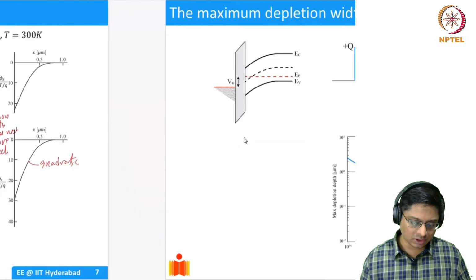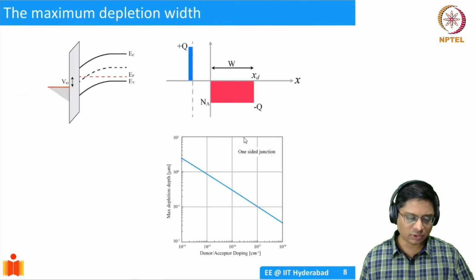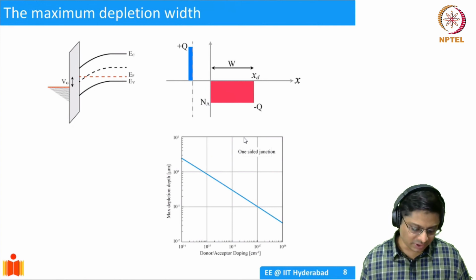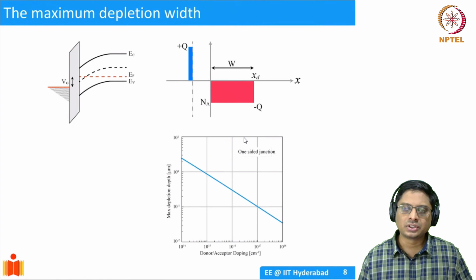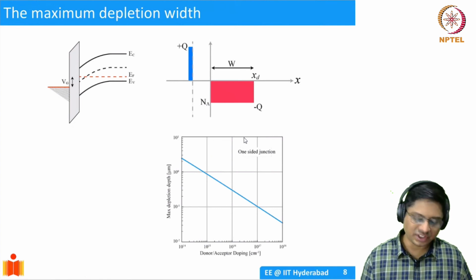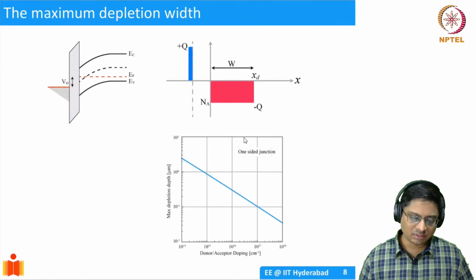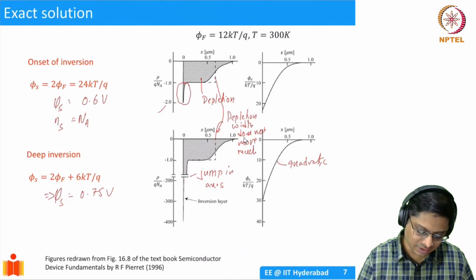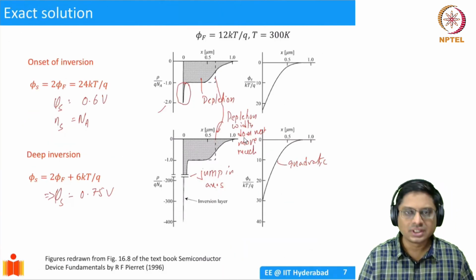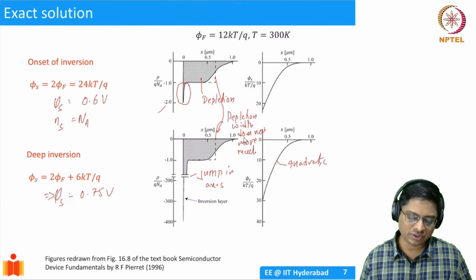All right. So before I stop this video, I just want to briefly talk about the depletion width. We have seen that as you increase VG, your depletion width is going to increase. But it turns out that once we reach the inversion, the depletion width does not change so much.